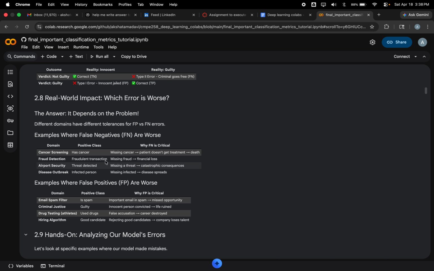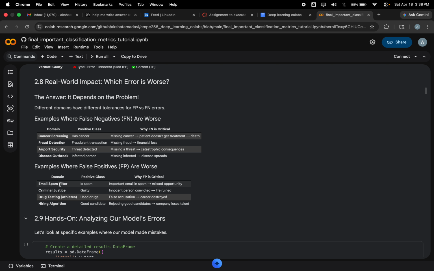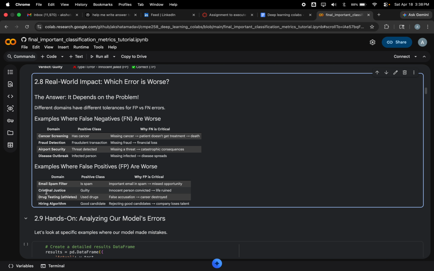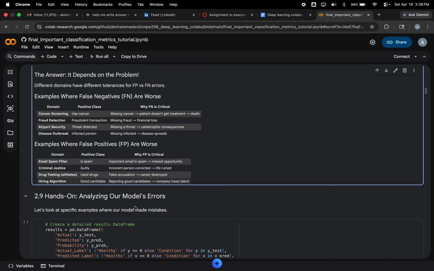False positives are worse in an email spam filter, where if an important email is marked as spam, you miss that opportunity. Also in criminal justice, drug testing, and hiring algorithms, rejecting good candidates through false positives can be critical.